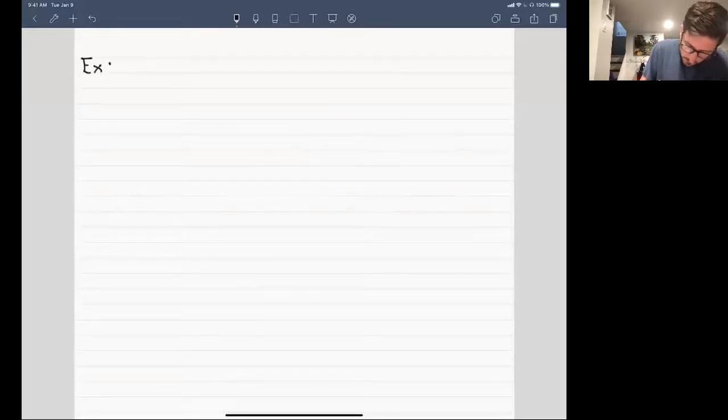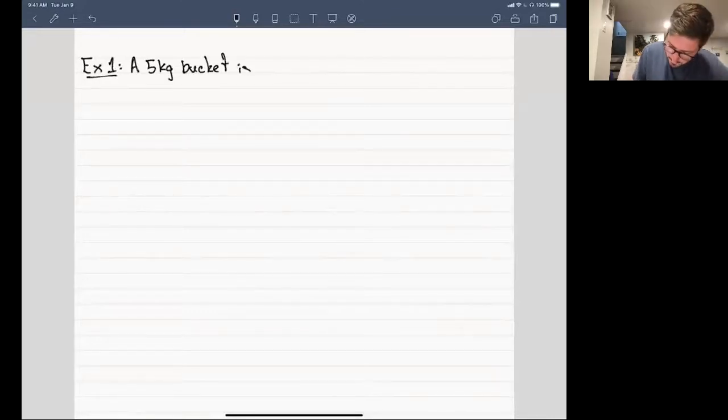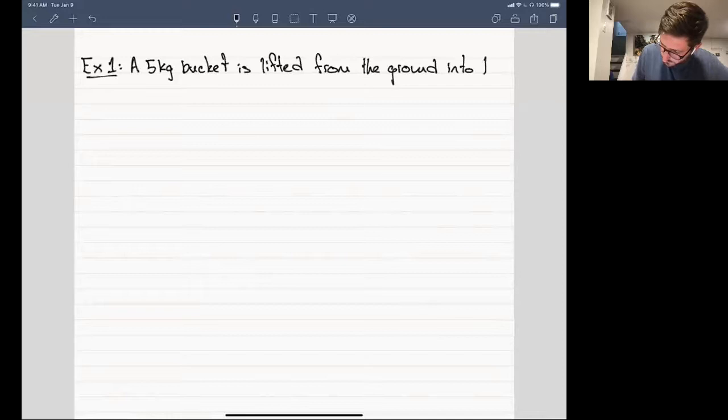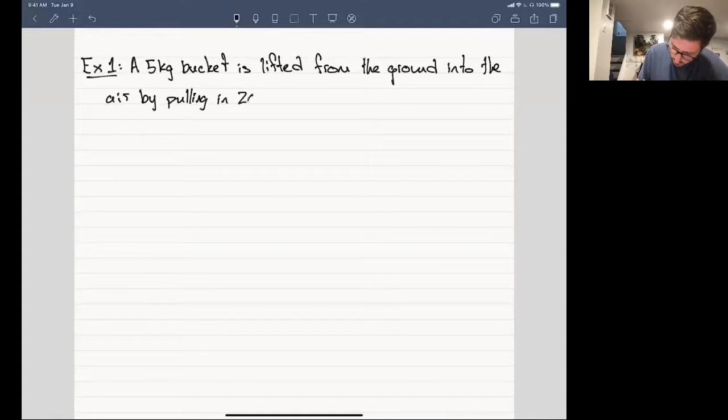So example one here. In this case, we're given a 5 kilogram bucket, and it's lifted from the ground into the air by pulling in 20 meters of rope at a constant speed.